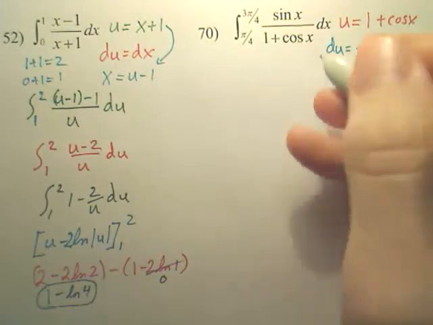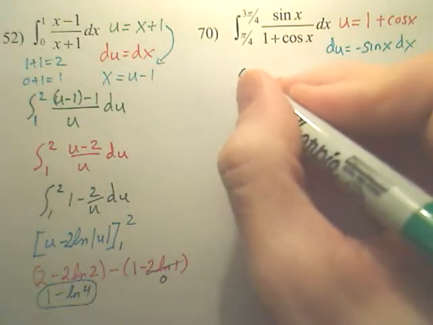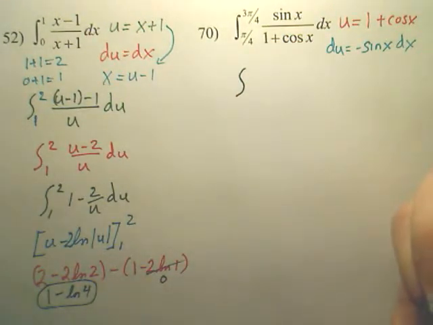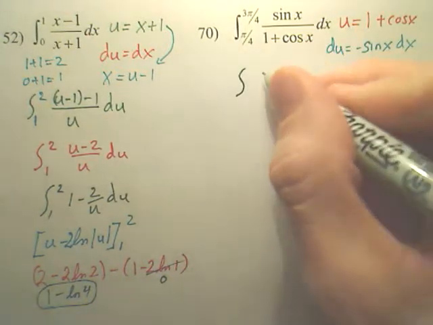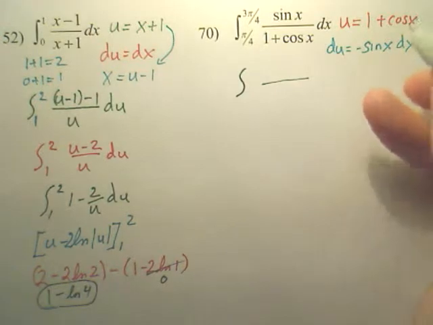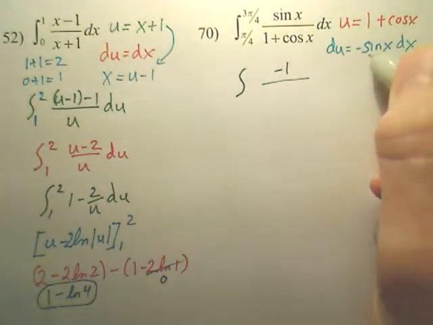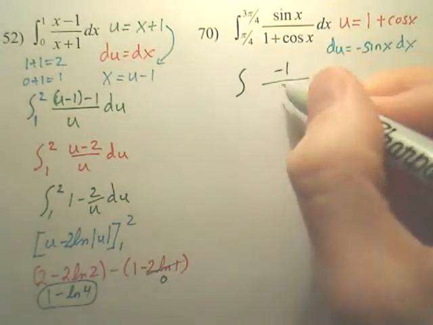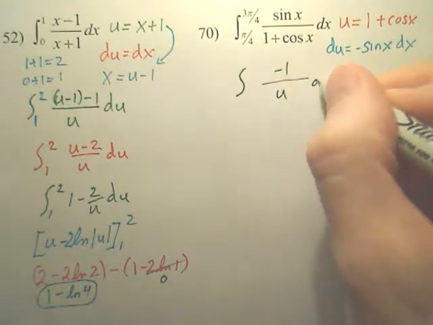So now I have this, which on top I have negative 1, because of the sine x, and the bottom is u du.